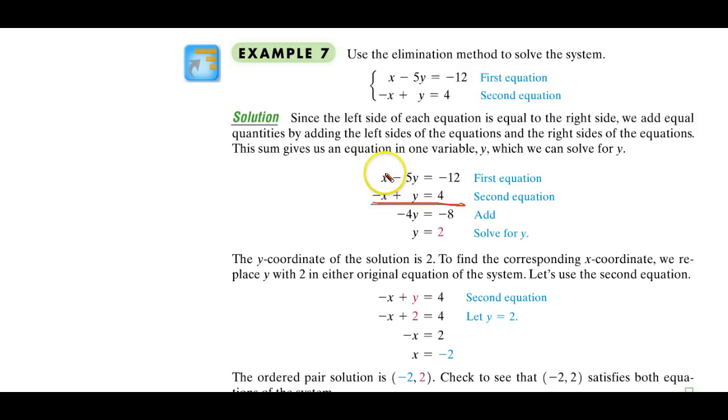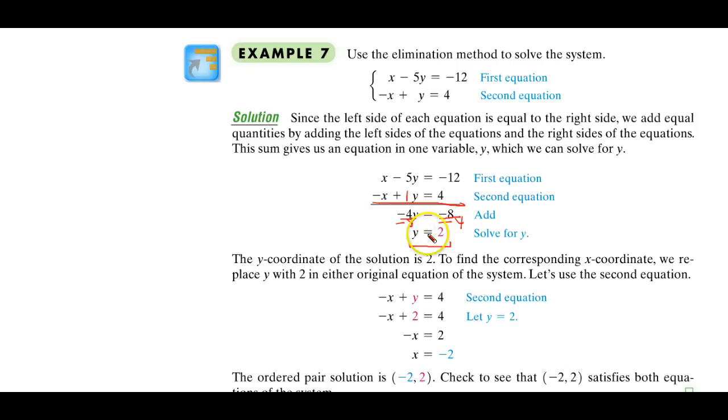And here, yes, the x's would cancel out and give you a 0. But then you add up the other stuff. A negative 5y and a positive 1y is a negative 4y. And adding this up, you get a negative 8. Now we're going to divide both sides by a negative 4 right here. Negative 4 there. And a negative 4 there. And we get y is 2.